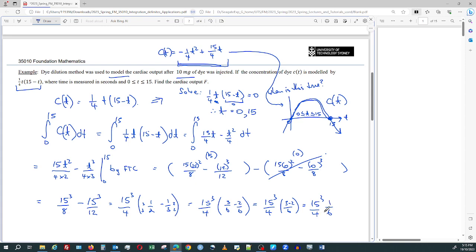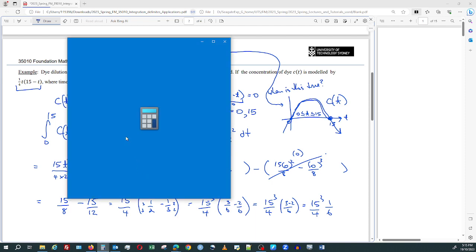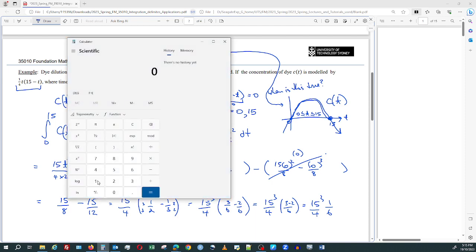15 cubed. There could be factors there, so let's have a look with our calculator. Let's go for 15 cubed, to the power 3 is a lot. Let's see if we can divide that by 4. No, so we'll times that by 4 and we'll divide that by 6 and see if 6 is a factor. Not really. Times by 6.